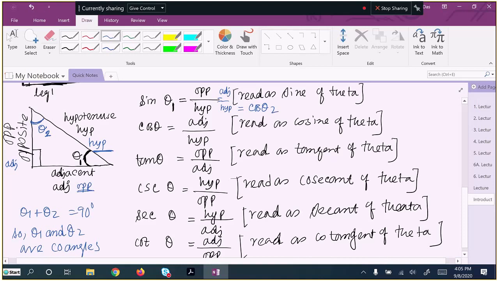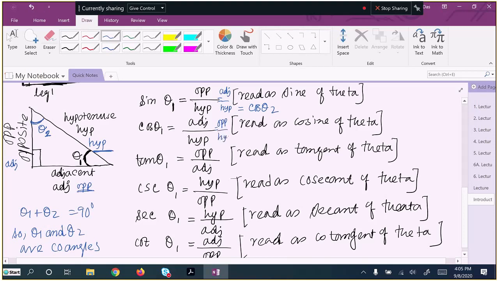So since sine of theta 1 is equal to cosine of theta 2, and theta 1 and theta 2 are called co-angles of each other, the trigonometric ratios are called co-ratios of each other. And you can do the same thing for the other trigonometric ratios as well. So these are all theta 1 ratios that we have defined. For theta 1 that was adjacent, now this one has become opposite.